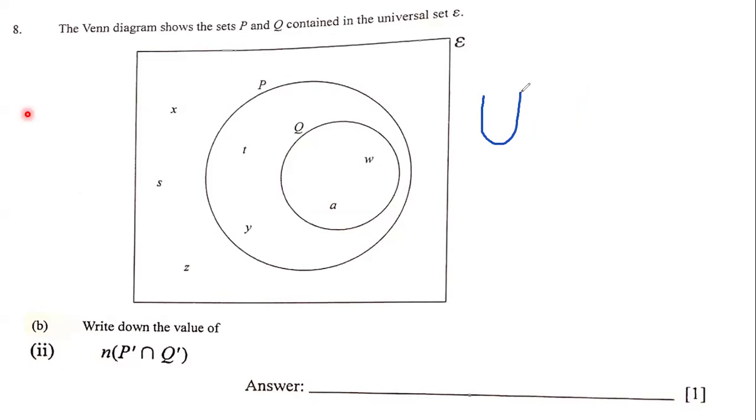The first one is the union. All right, Malia? The first one is the union. So this symbol right here, what is this symbol? Intersection. Very good.